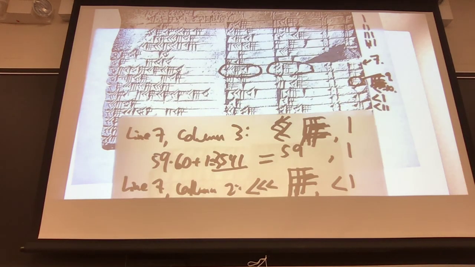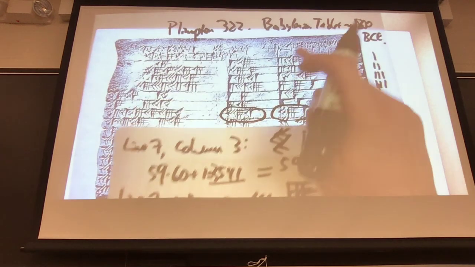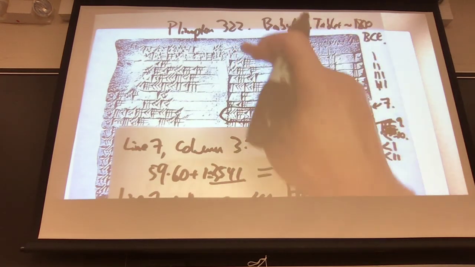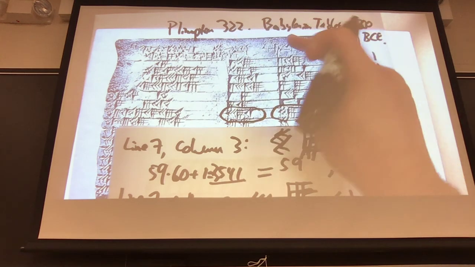Don't work out line 9, because line 9 has a mistake in it. Apparently this was a student's homework assignment in ancient Babylonian, handed in to their teacher to be corrected. In fact, the word at the top here is diagonal, and this word is width.